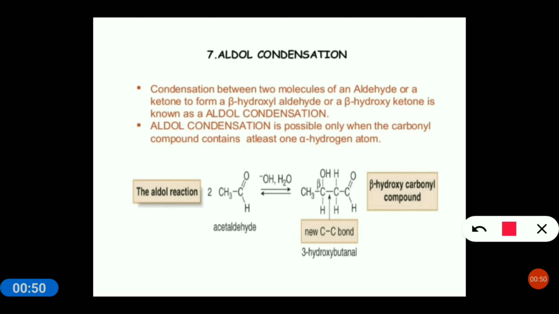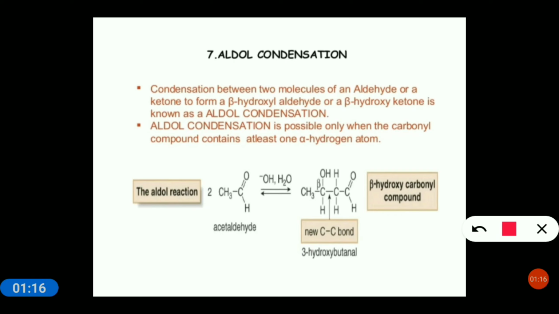In aldol condensation, the acidity of alpha hydrogen is partly due to the minus I effect of the carbonyl group, which weakens the carbon-hydrogen bond, that is the alpha carbon and hydrogen bond, and partly due to the resonance stabilization of the resulting enolate anion.